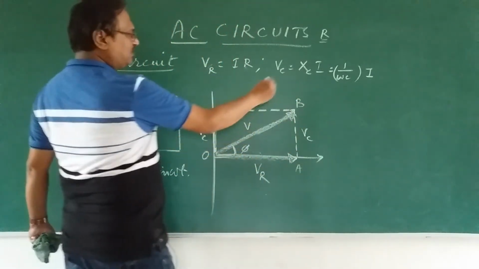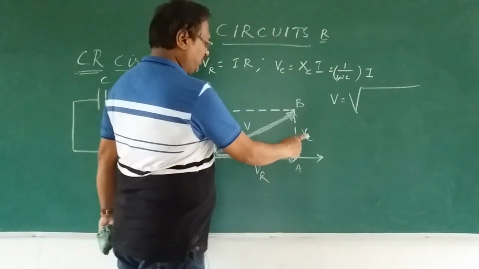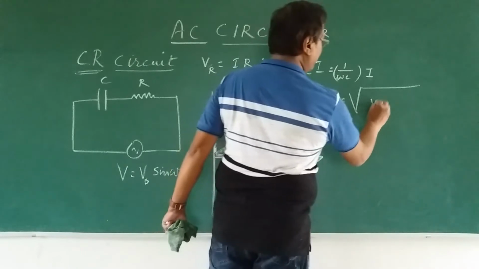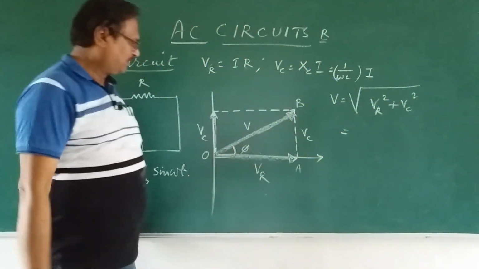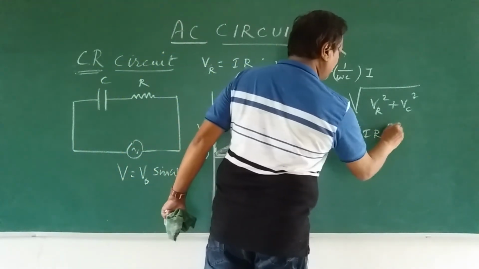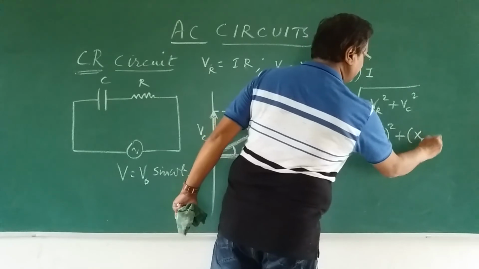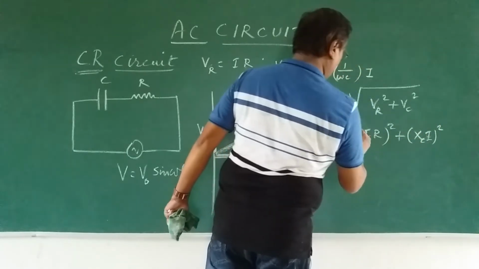V is equal to under root VR square plus VC square. VR is I into R, IR the whole square, plus VC is XC I the whole square, under root.